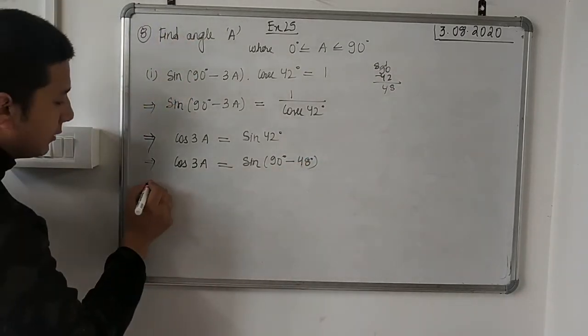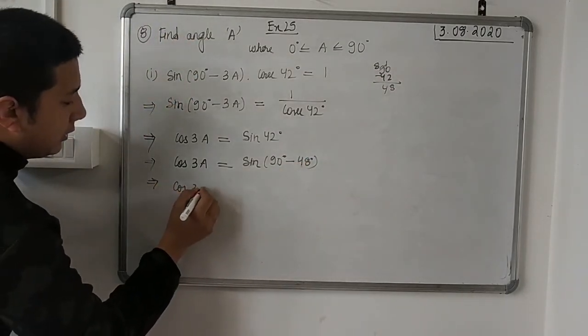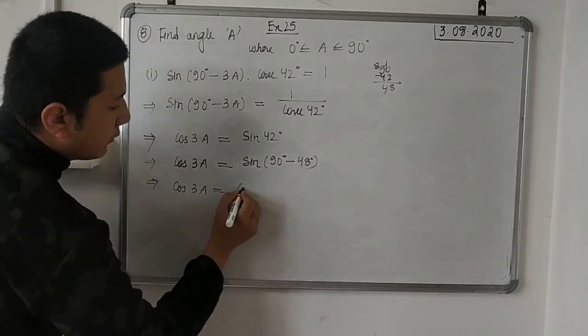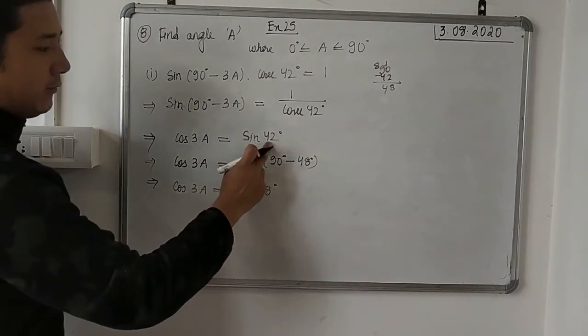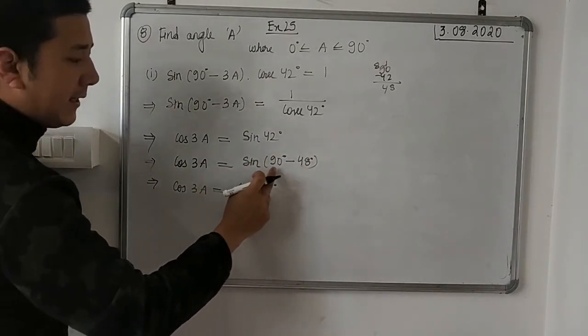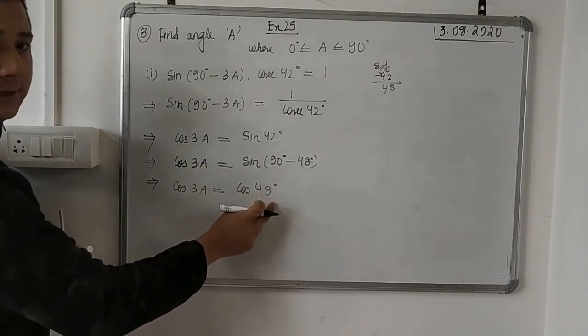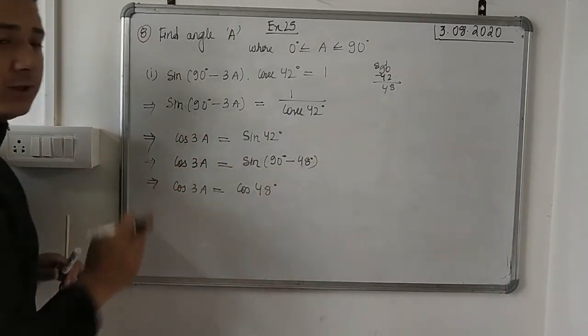So this will give you cos 3A is equals to cos 48. I hope you are clear now. 42 as 90 minus 48, and sine(90 minus 48) is cos 48, isn't it? So once I get cos on both the sides, then we can remove it.